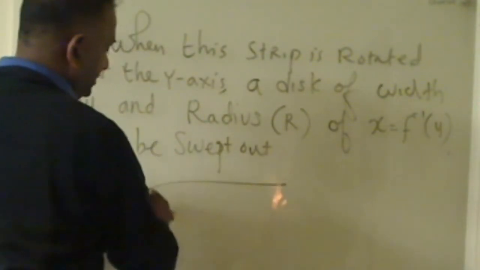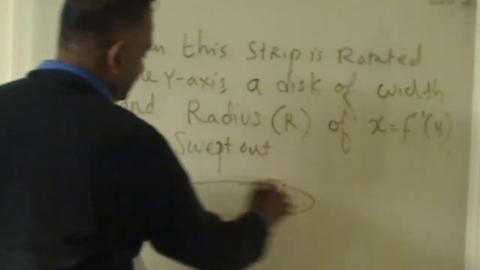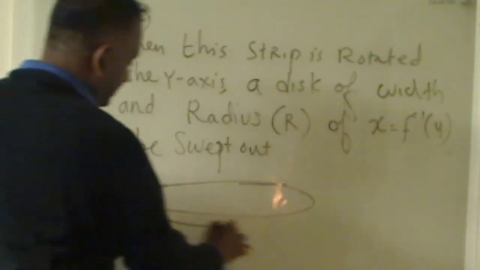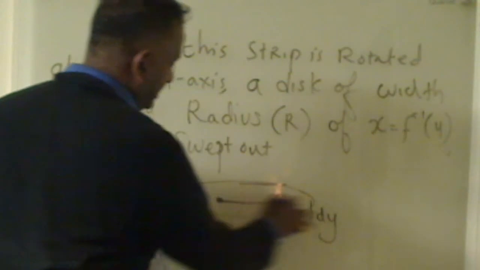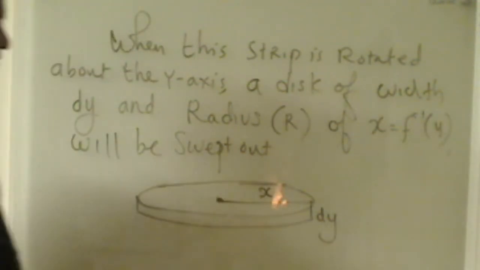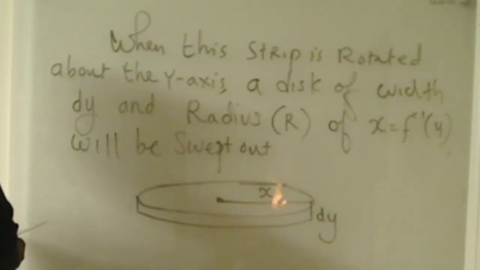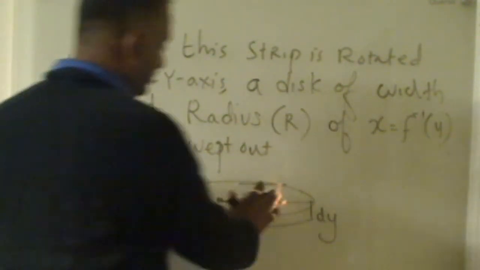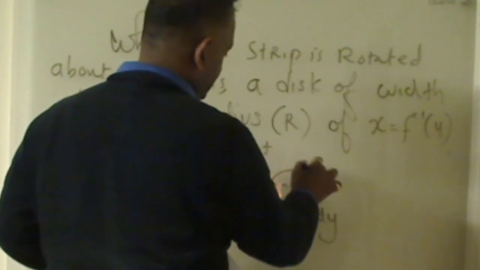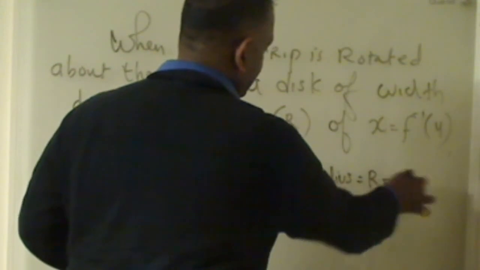See? Now we have something like this. It's a disk with the width dy and a radius x. This x, or we call this r, radius, which is denoted by r, is my x.